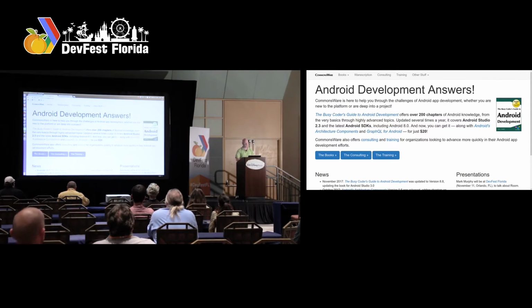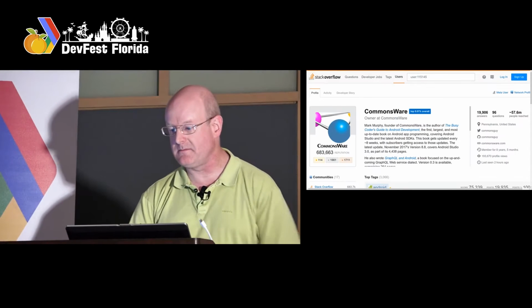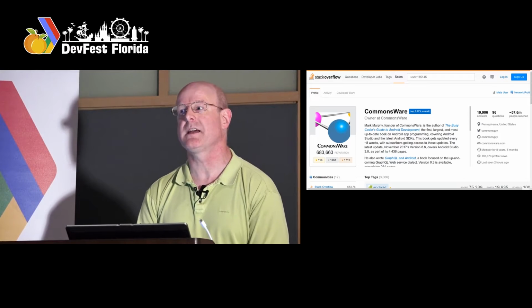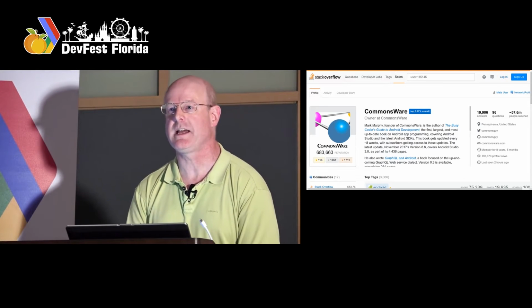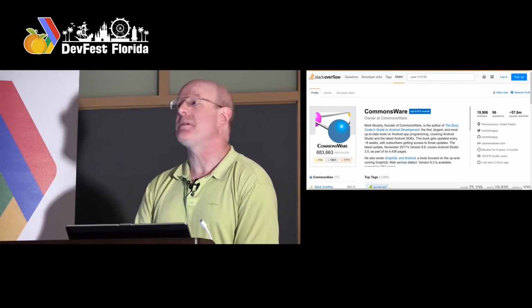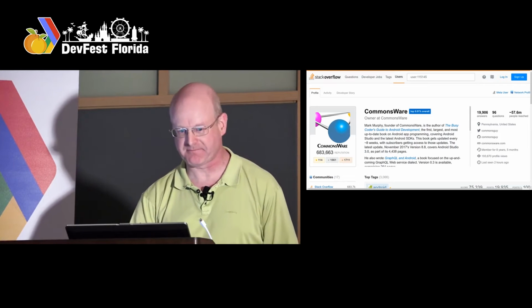But for today, more important is the Android Architecture Components companion volume. Some of you may know me from the 19,906 answers that I have contributed on Stack Overflow, mostly in the Android tag. And for those of you who don't know me from either of those, that's cool. Some days I don't know who I am either, and so it's all good.